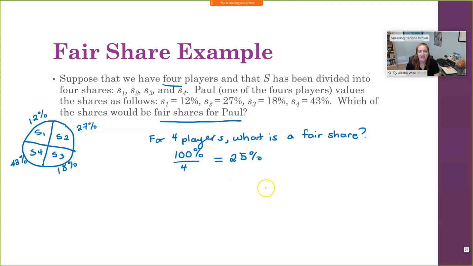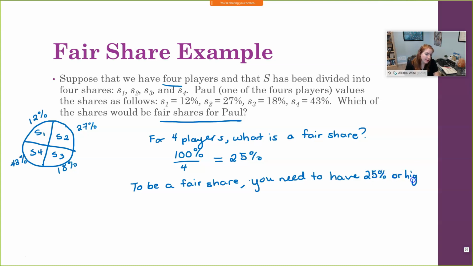Okay, so that means that Paul has to have, to be a fair share, maybe write this, to be a fair share, you need to have 25% or higher.